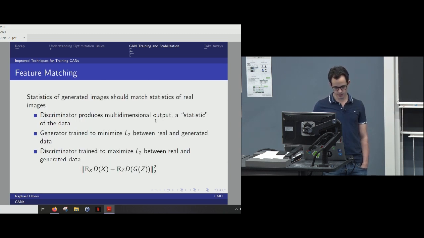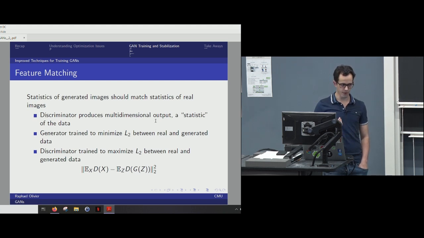So the first idea that they had is feature matching. That means that basically it's going to change the loss that you're looking at. So instead of just computing a scalar and doing cross entropy of that, they're saying, yeah, but cross entropy has a log term. The log term does not have very great gradients and things like that.